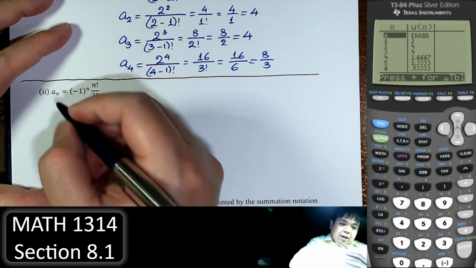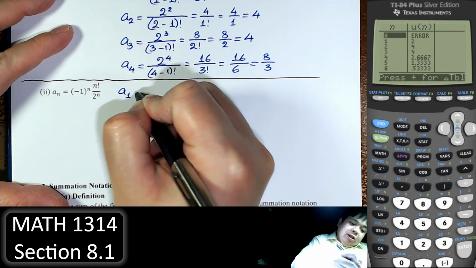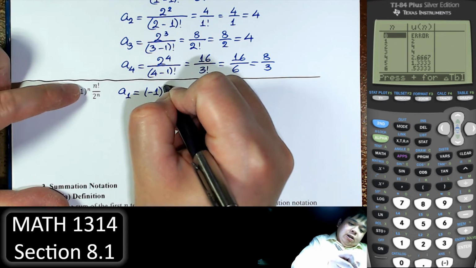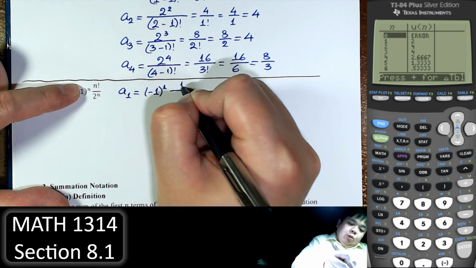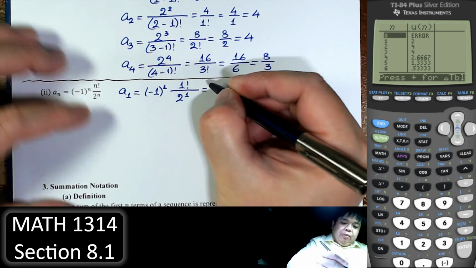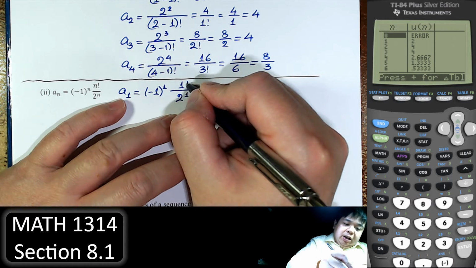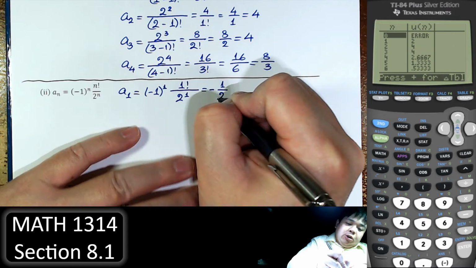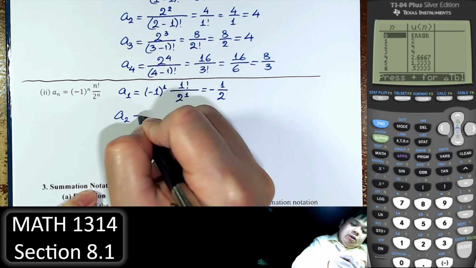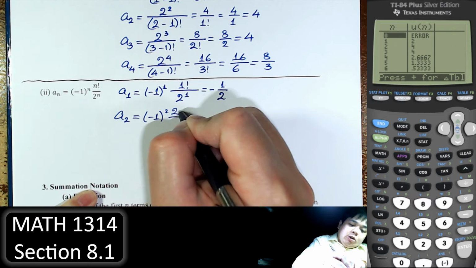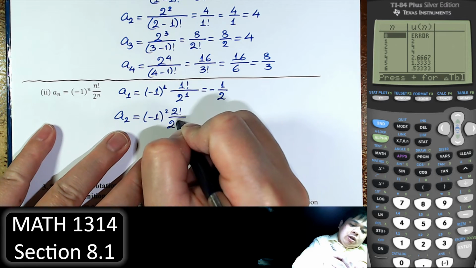Right, this one, a sub 1, put 1 in for n, negative 1 to the first power, 1 factorial over 2 to the first power. So we have negative 1, factorial is 1, 2 to the first is 2. Now a sub 2, negative 1 squared, 2 factorial over 2 to the second.